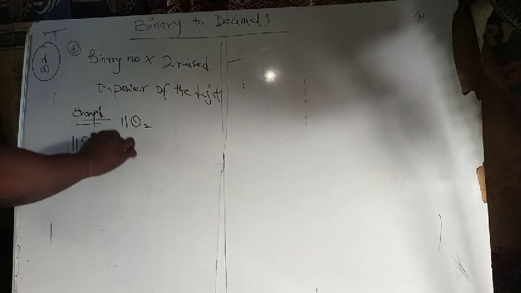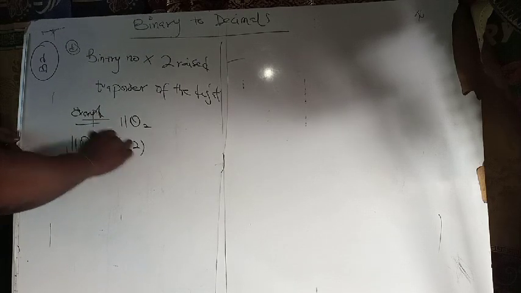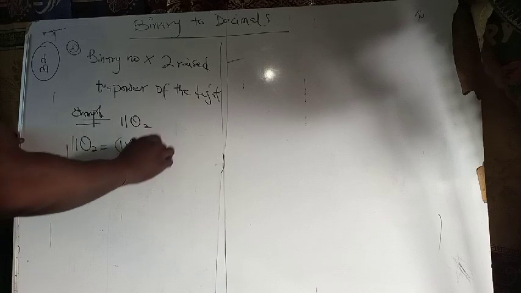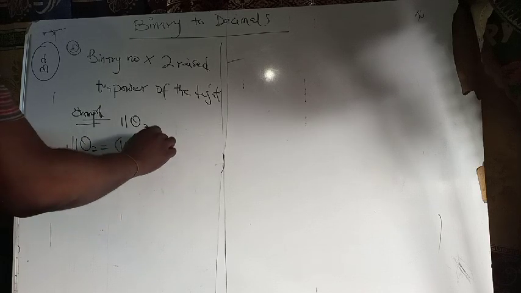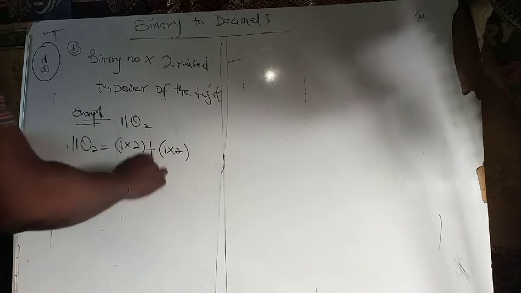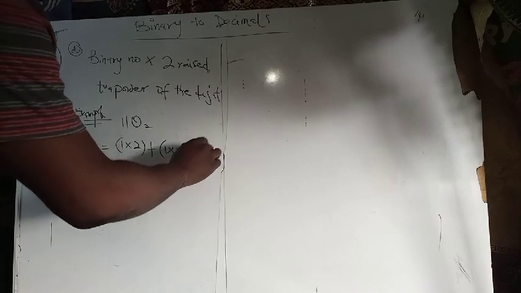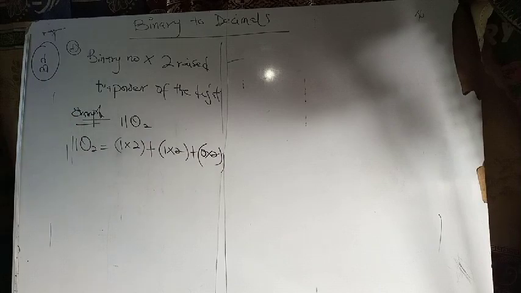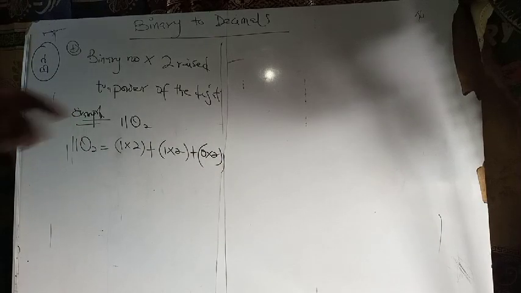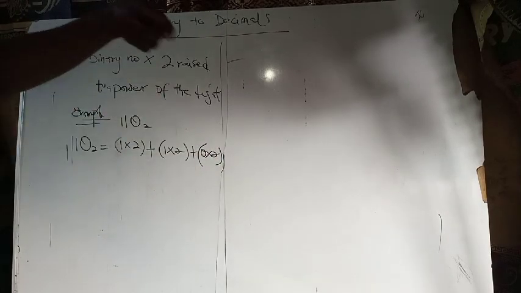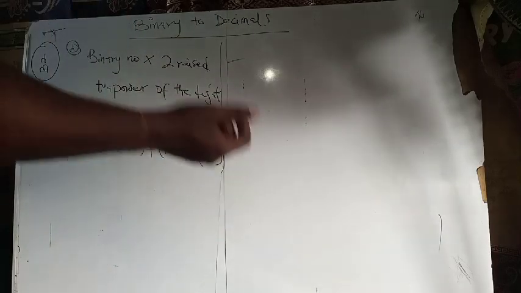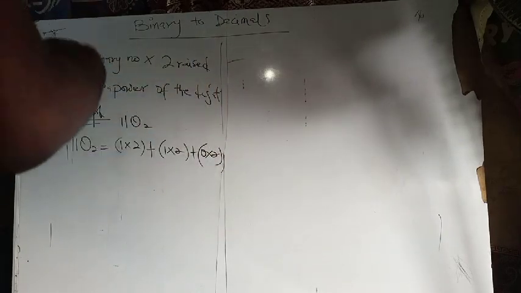So what that statement means is that we are going to have 1 times 2 here plus 1 times another 2 here plus 0 times 2. After writing this, by virtue of their power positioning, we start from 0 till infinity.